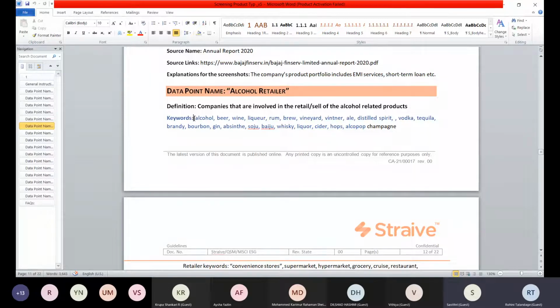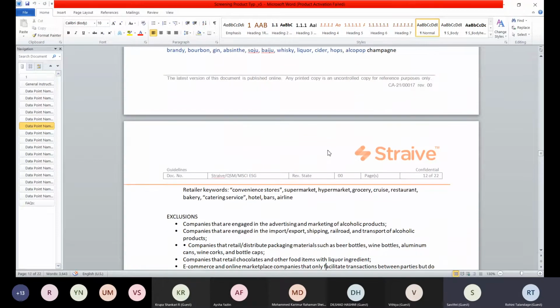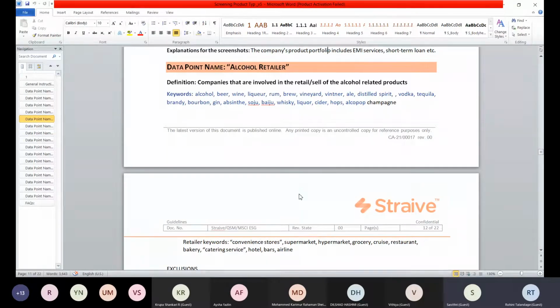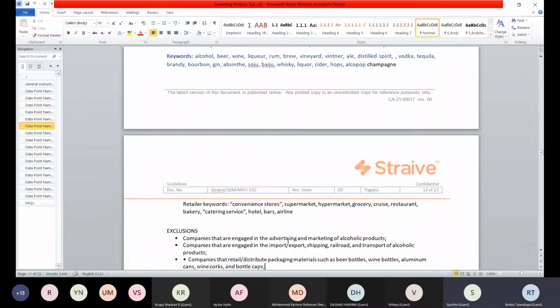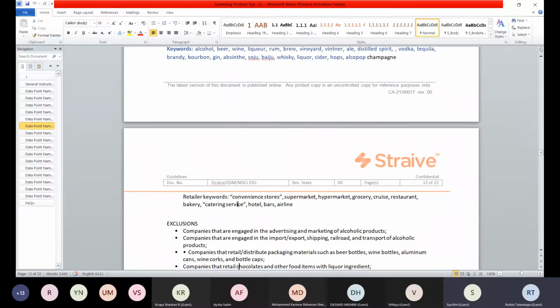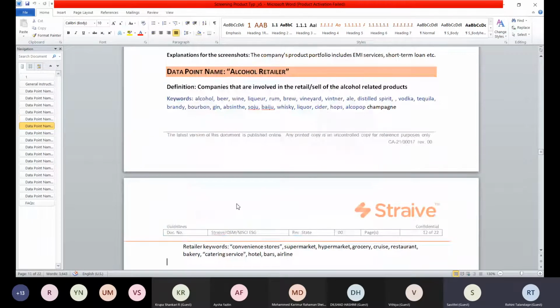In this case also, you have to go with all these keywords, and check whether that company is retailing those alcohol products or not. For retailer, we have keywords like convenience stores, supermarkets, hypermarkets, grocery. These are the retailer keywords. So you need to check whether they are selling these alcohol products or not.